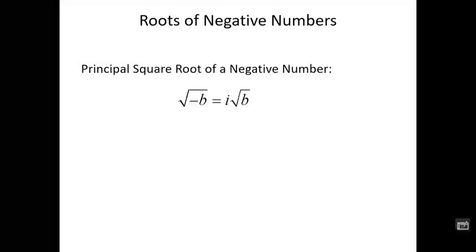In this section, we will discuss roots of negative numbers. For any positive real number b, the principal square root of the negative number, negative b, is defined as the square root of negative b, and it's defined as i times the square root of b.